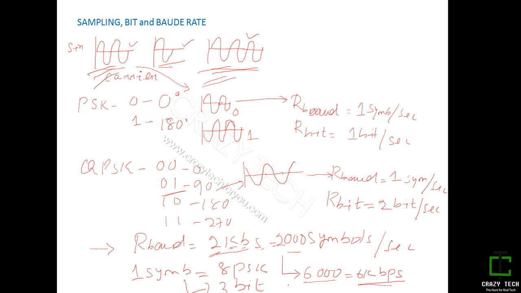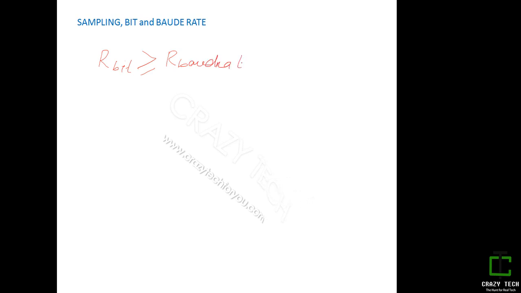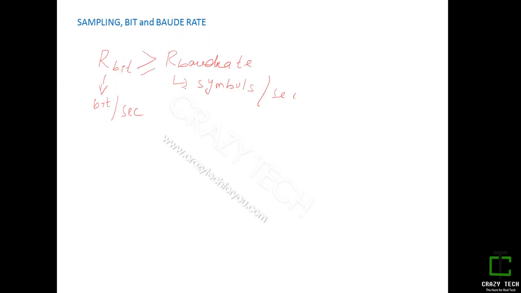So what is our conclusion here? Conclusion is that our bit rate is always greater than or equal to our baud rate. This is bits per second and this is symbols per second.